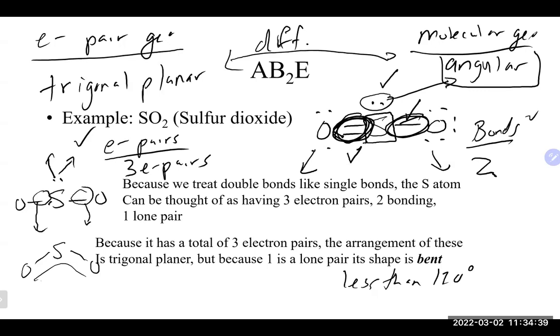It doesn't necessarily. It does cause, as we'll talk about a little bit later, differences in how the overall electrons are shared in the entire molecule, creating a polar molecule versus a non-polar molecule. Other questions?